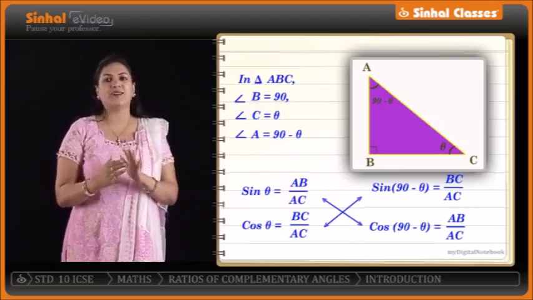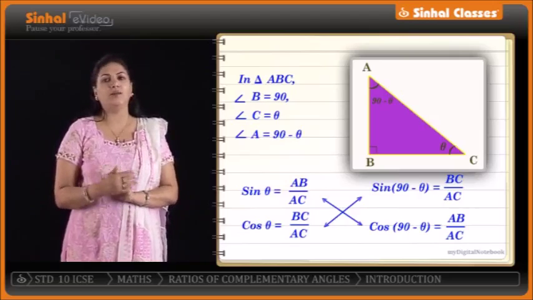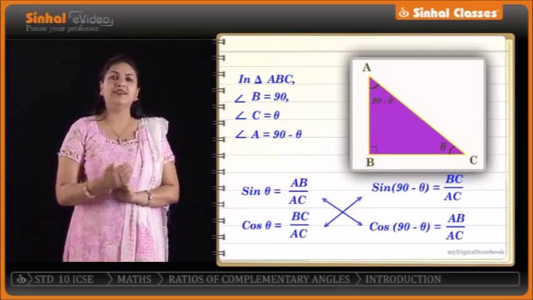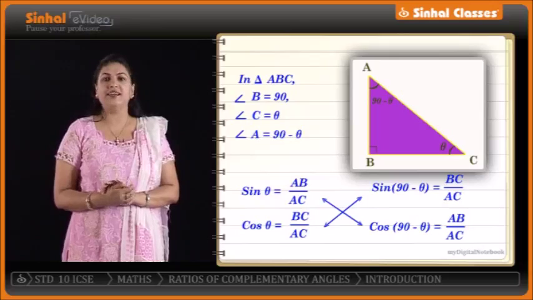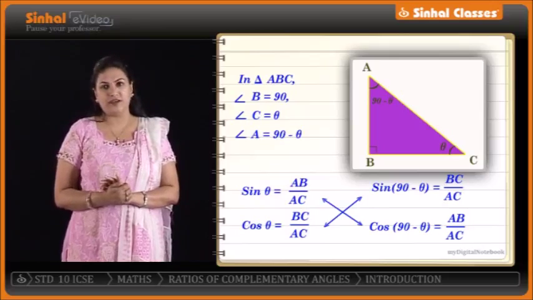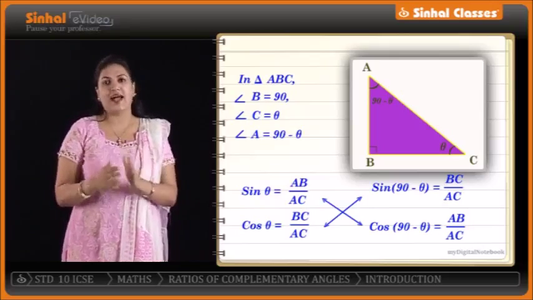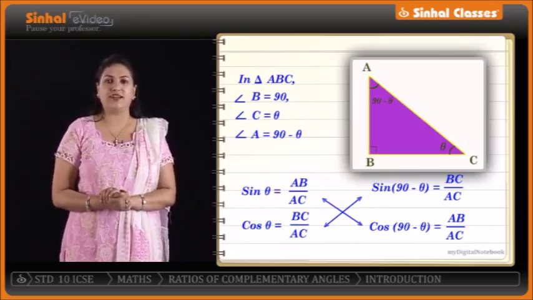So sin and cos are complementary angles. Similarly, we will get tan and cot as complementary angles and sec and cosec as complementary angles.